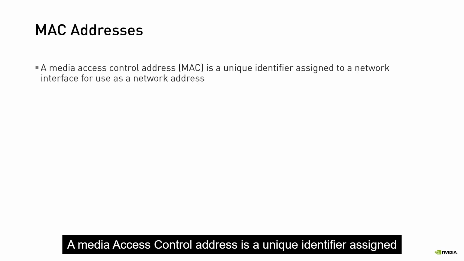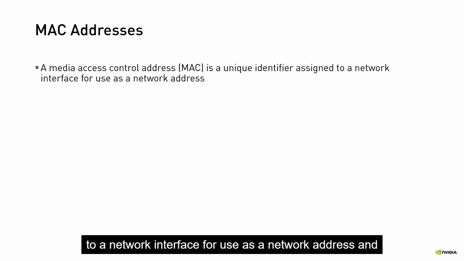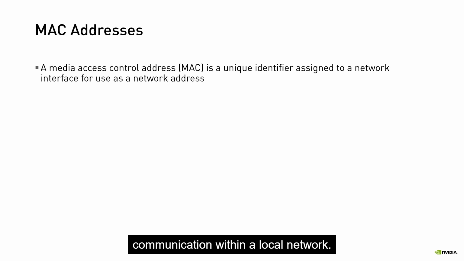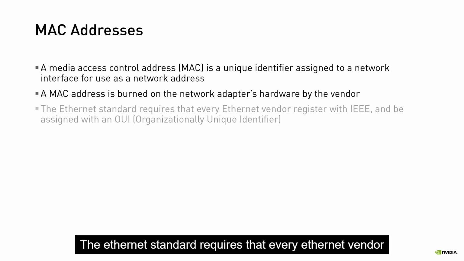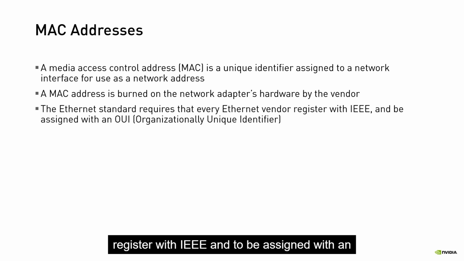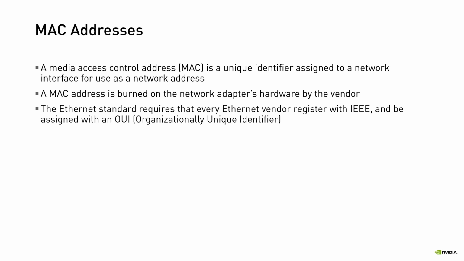A Media Access Control Address is a unique identifier assigned to a network interface for use as a network address in communication within a local network. A MAC address is burnt on the network adapter's hardware by the vendor. The Ethernet standard requires that every Ethernet vendor register with IEEE and be assigned an OUI, organizationally unique identifier.